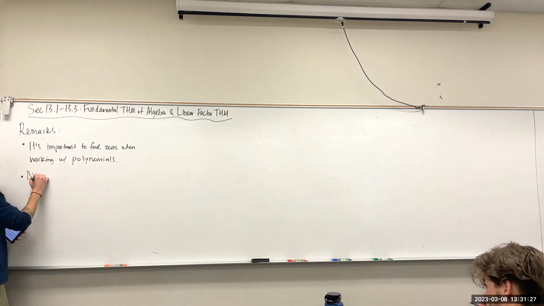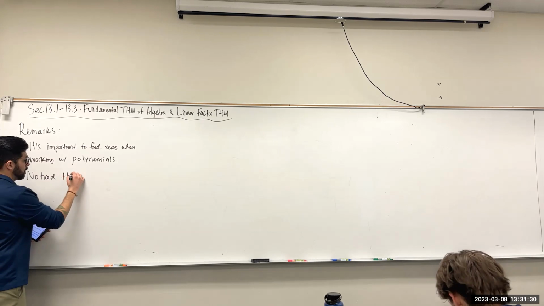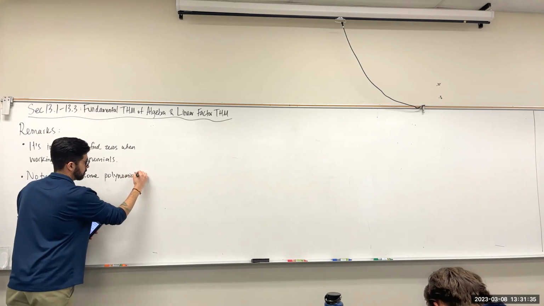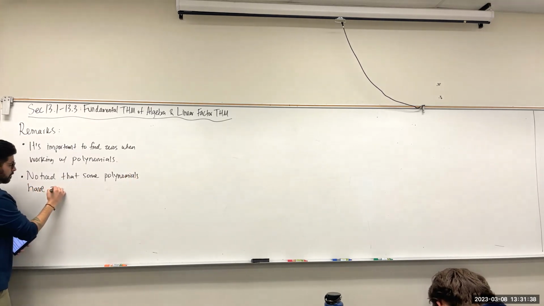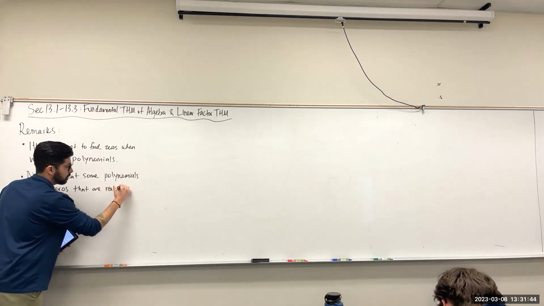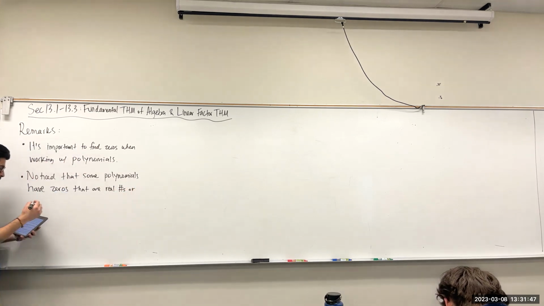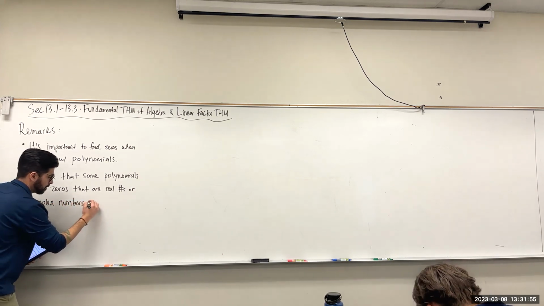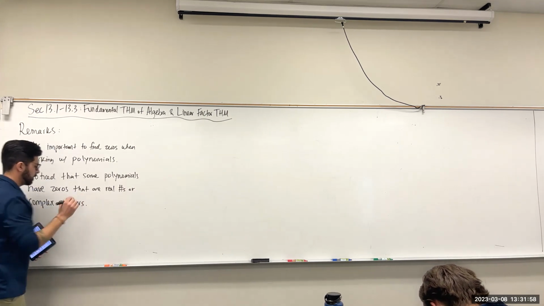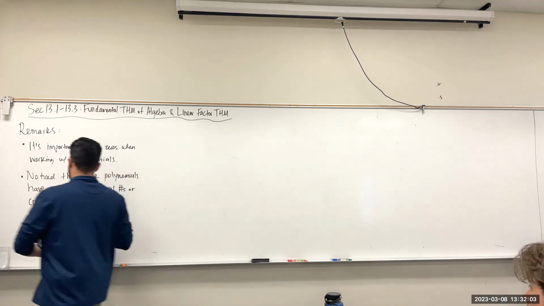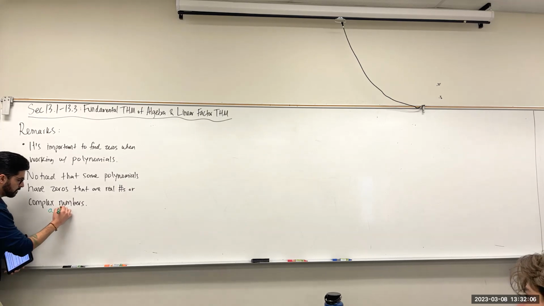And so then we noticed that some polynomials have zeros that are real numbers or complex numbers. And remember, just from the first week of class, a complex number looks something like this.